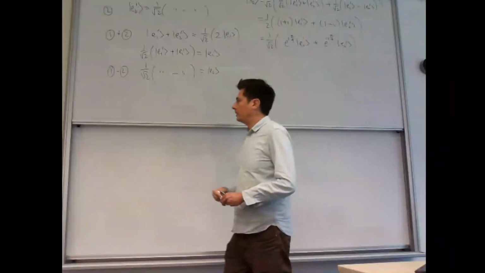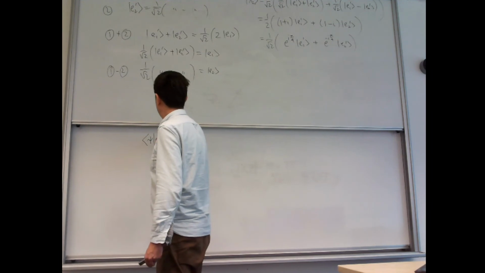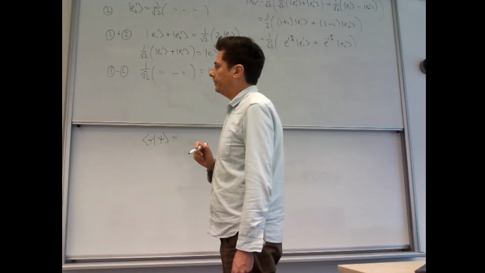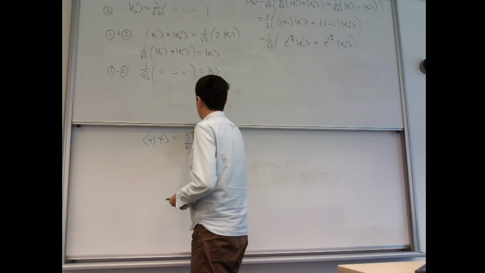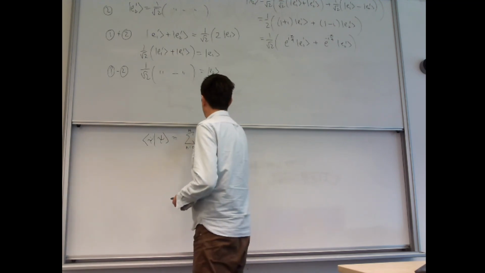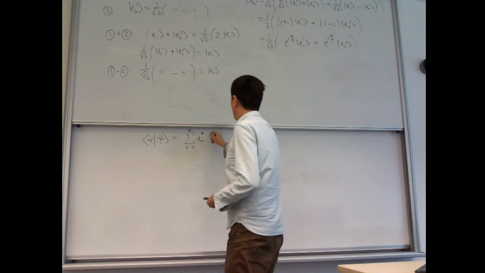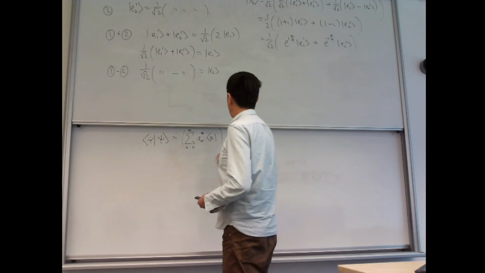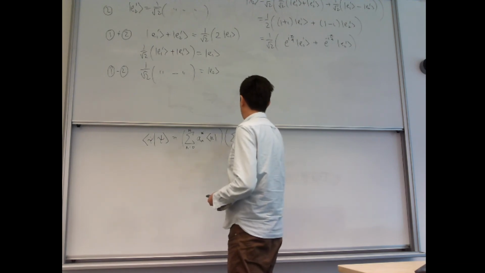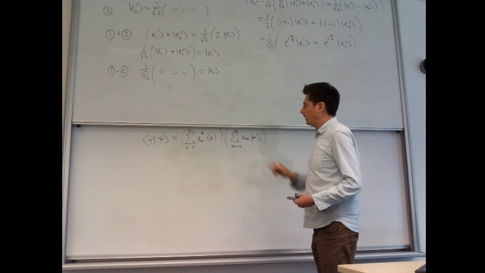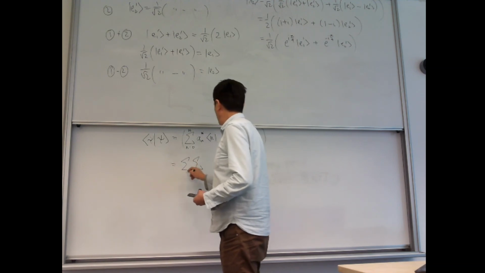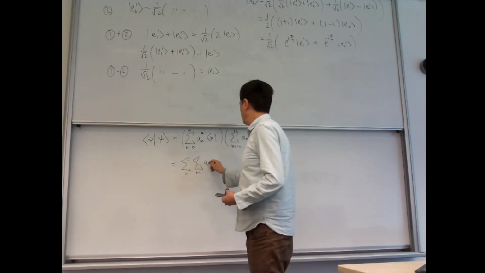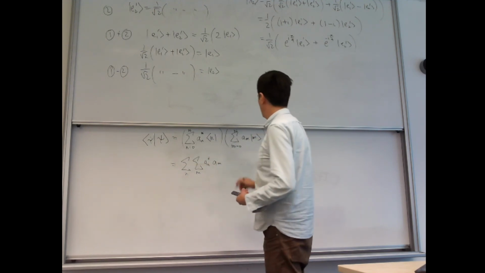maybe you see it already, but if you substitute, the bra of this thing is, we've got to take a complex conjugate here. That's the bra, and this is the ket. I better use a different symbol here. And then we've got two sums here, and I won't write the limits.